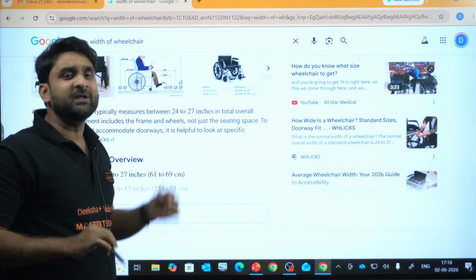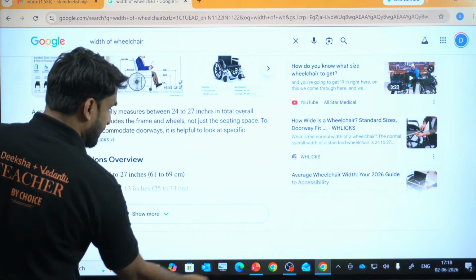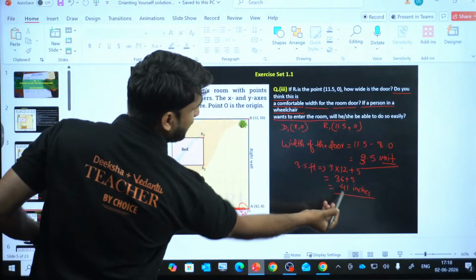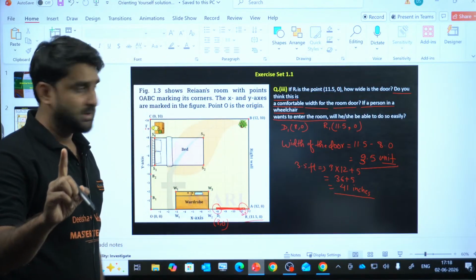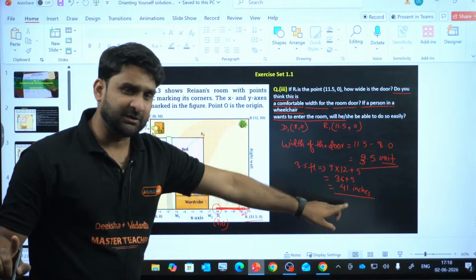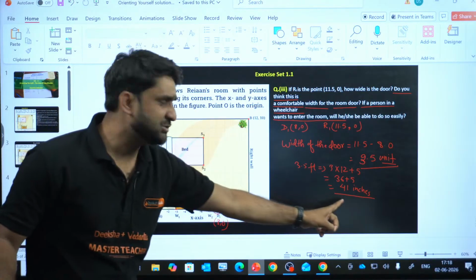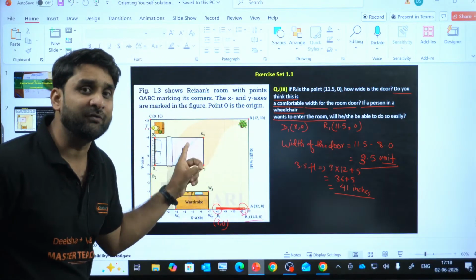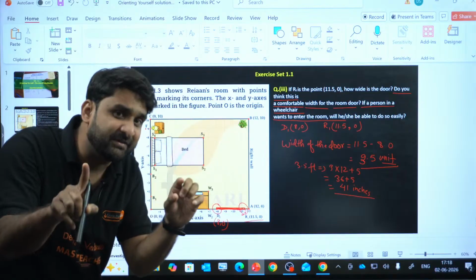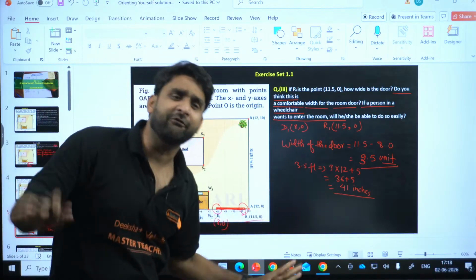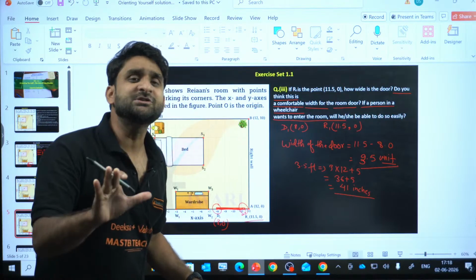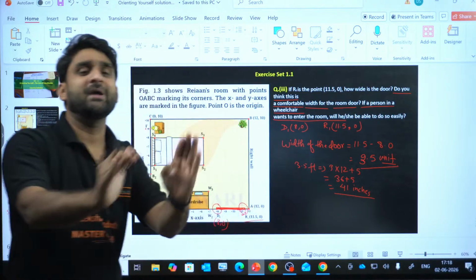And what is our value there? The width of the room is 41 inches. Rian's bedroom, 41 inches. And what is the width of a standard wheelchair? 24 to 27 inches. So this width is enough to allow a wheelchair to enter comfortably and to exit comfortably.